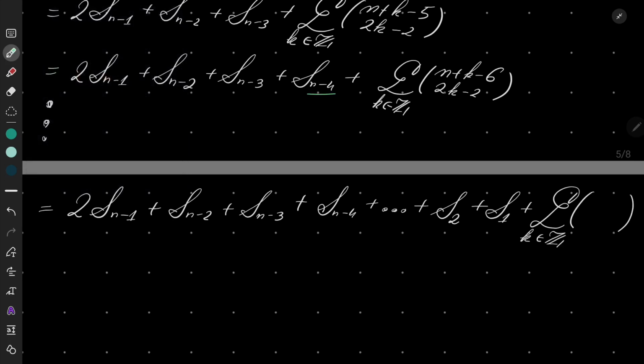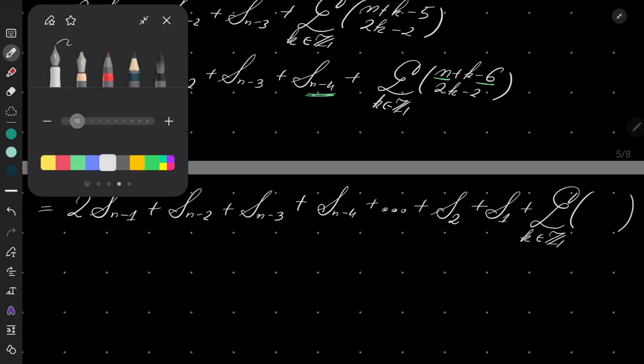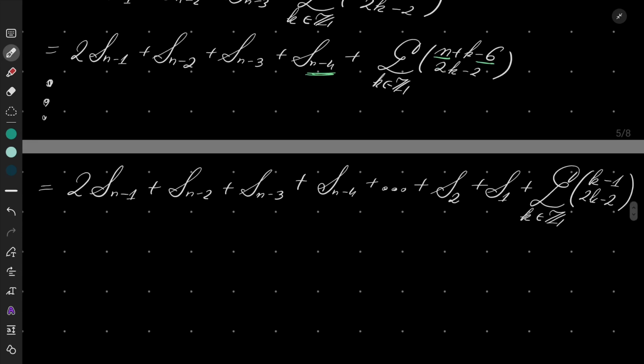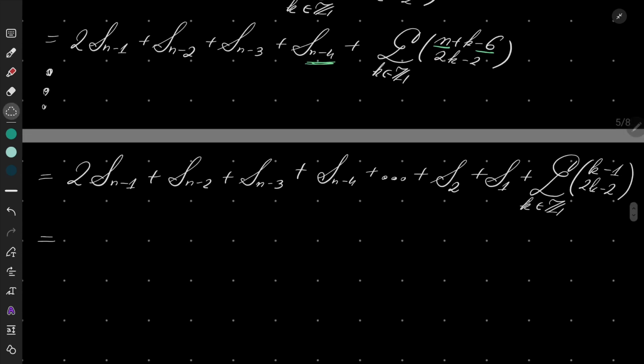Look, here we have n minus 4, and here we have n minus 6. This part always differs from this quantity by 2. So if I have 1 over here, I will have in my sum not 1, but minus 1. I will have (k minus 1, 2k minus 2). Okay, very well. And now let's take a look. So you know what, I will copy the first part.